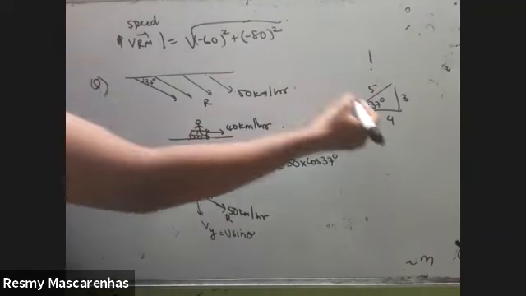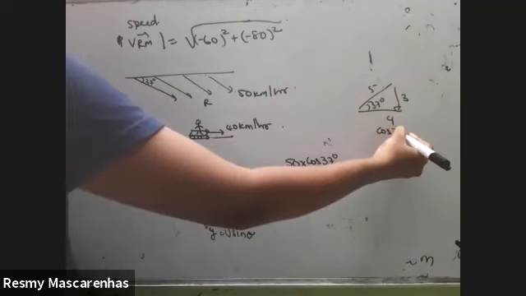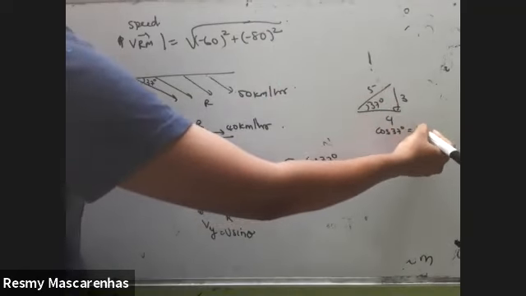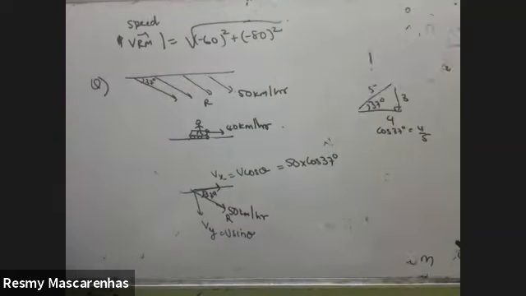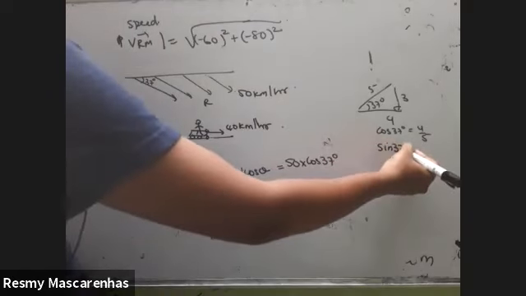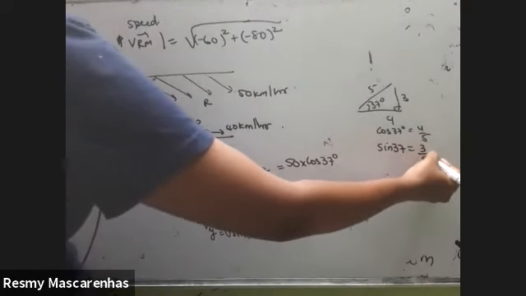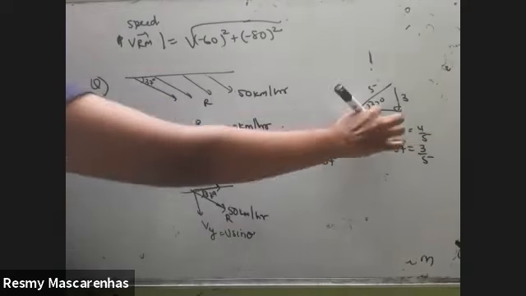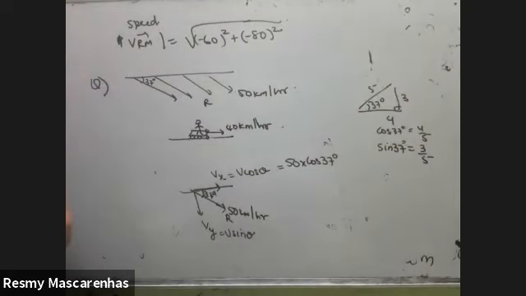This is a fixed triangle which you have to know. So cos 37 is always 4 by 5, and sin 37 is always 3 by 5. Opposite upon hypotenuse.